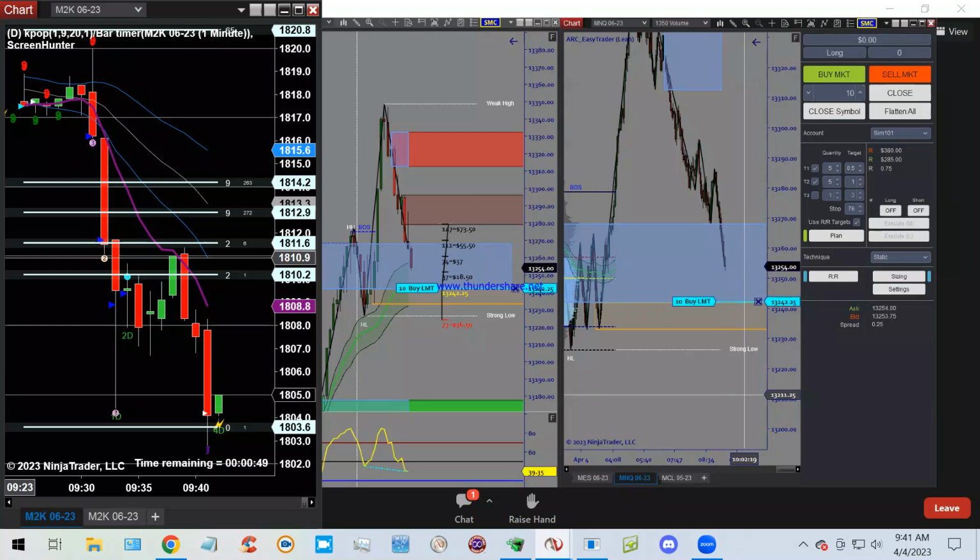Getting some hidden div as well on that pullback. It's not confirmed yet. Tag us in.